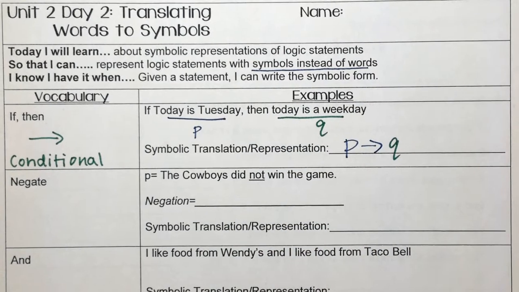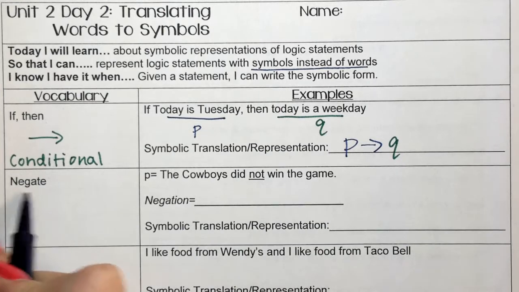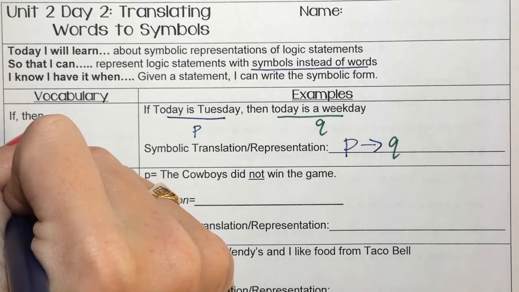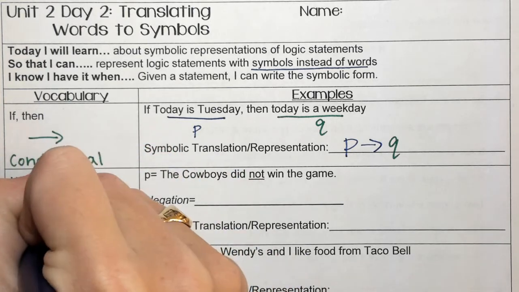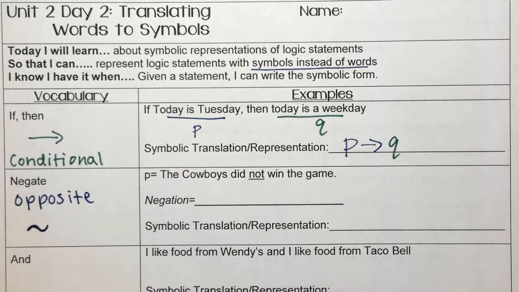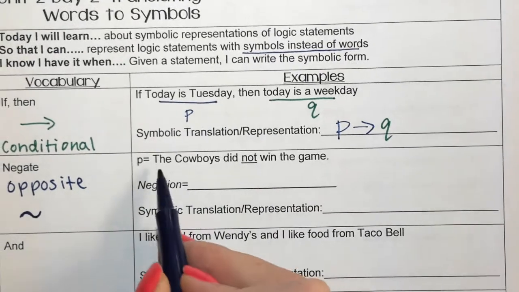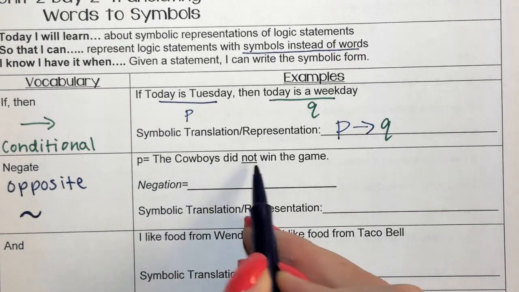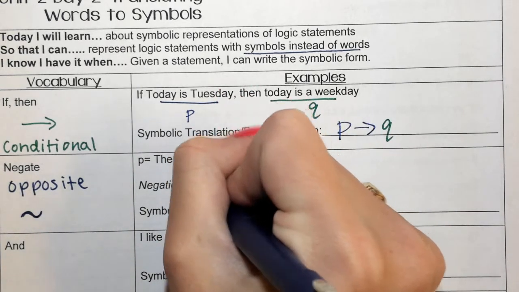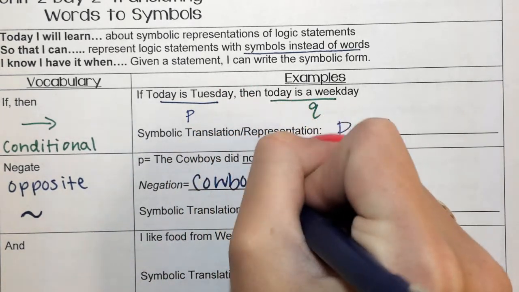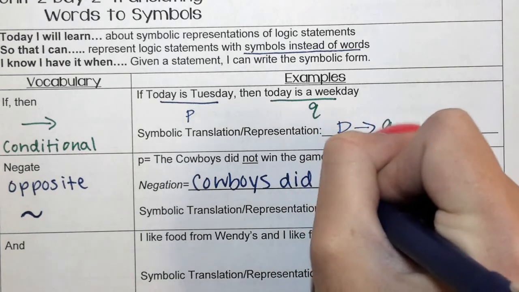Alright, also a little bit of a review is our negate symbol. So remember, negate means opposite. And that symbol is that little squiggle. So, if our P is that the Cowboys did not win the game, the negation is that the Cowboys did win the game.